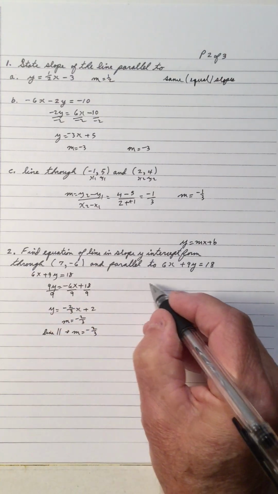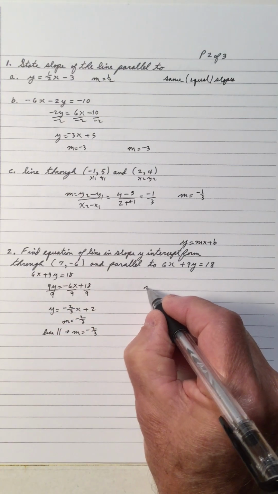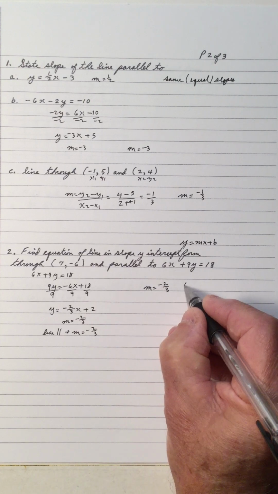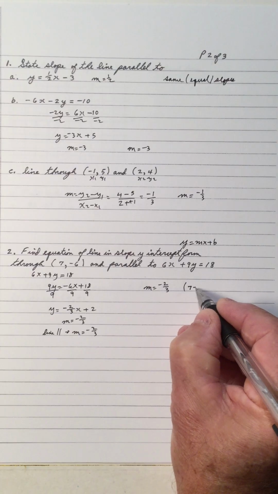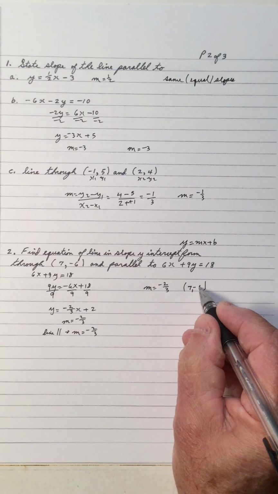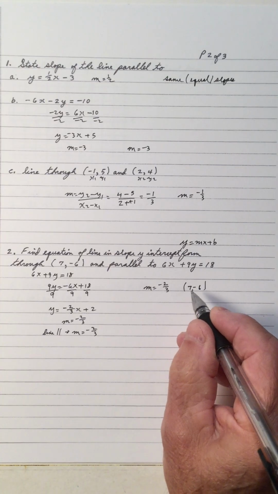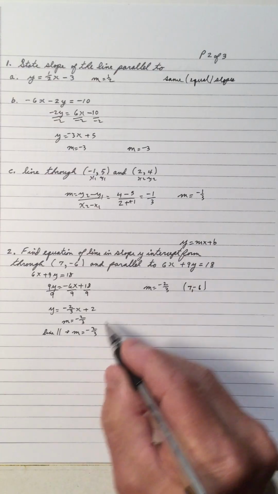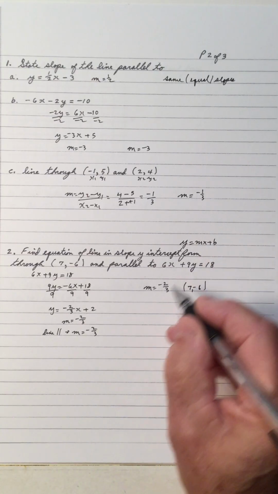And it's passing through this point, so we have a slope of negative 2/3, and we have a point 7, negative 6. So we could put it into point slope form, or we could just substitute in and get the y-intercept. Remember, we already have the slope, we need to get the y-intercept.